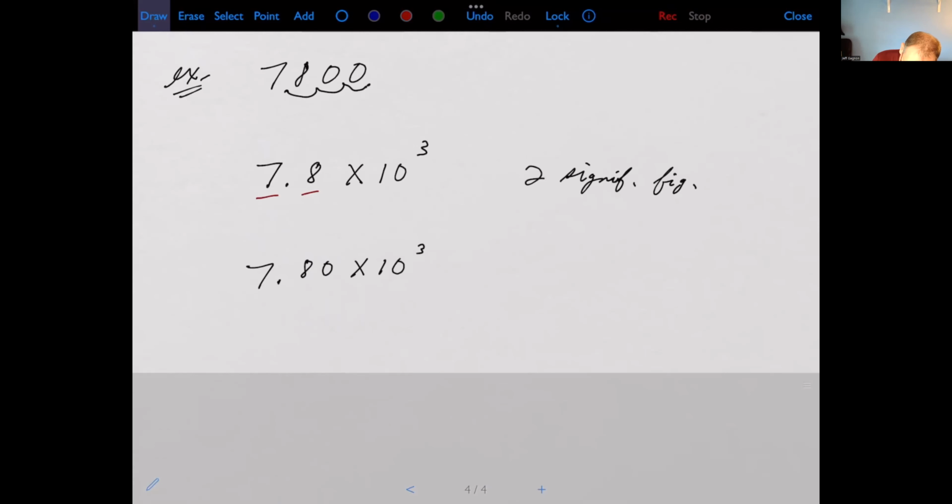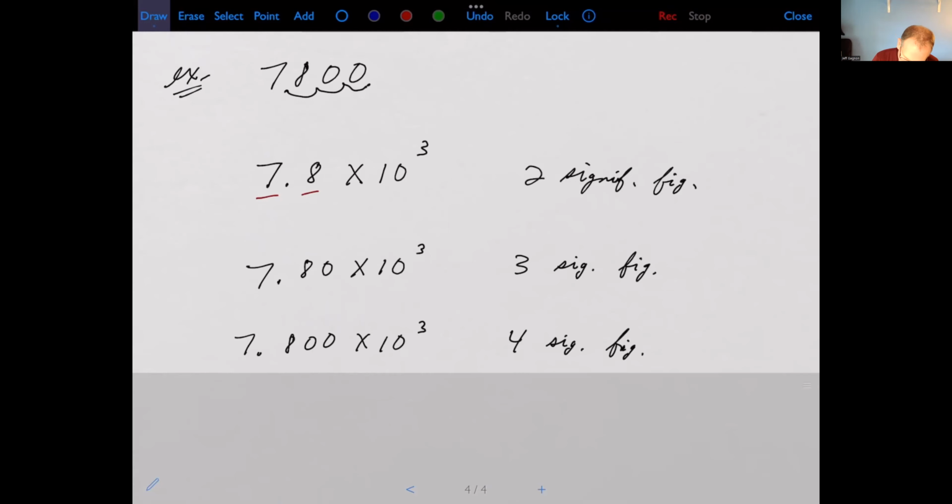In this case, I'm implying that the number has 3 sig figs. Or if I wrote it as 7.800 times 10 to the third, then I'm saying that all 4 digits are significant. Okay, so you could use scientific notation to remove that ambiguity to determine exactly how many digits are significant.